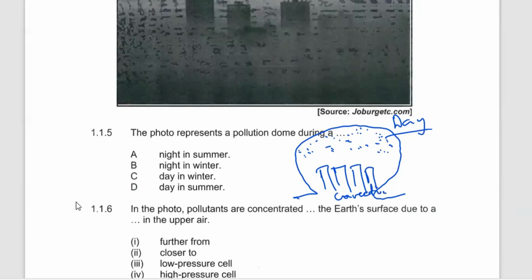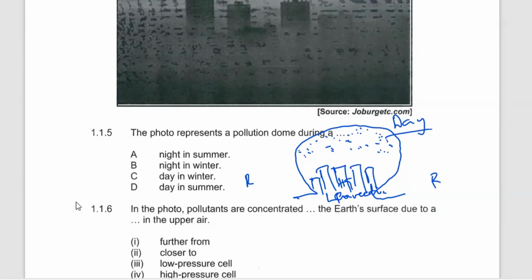Remember, the urban area will be having an urban heat island situation. There will be high temperatures in the urban area, and that will result in a low pressure system developing around the urban area. As a result, the rural areas surrounding the urban area will be having lower temperatures compared to the CBD.